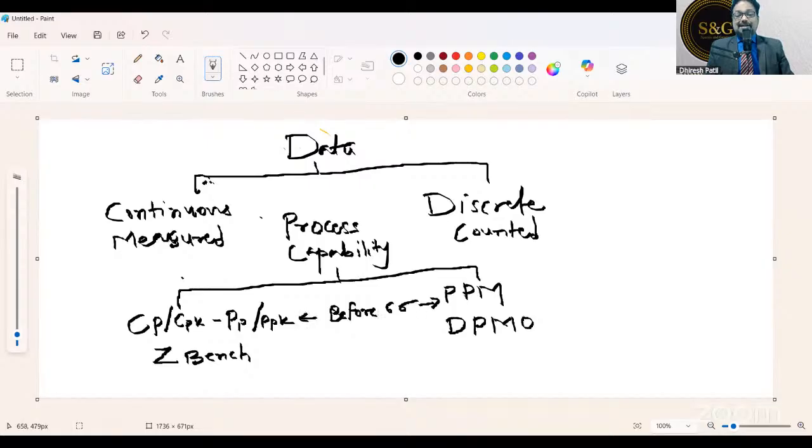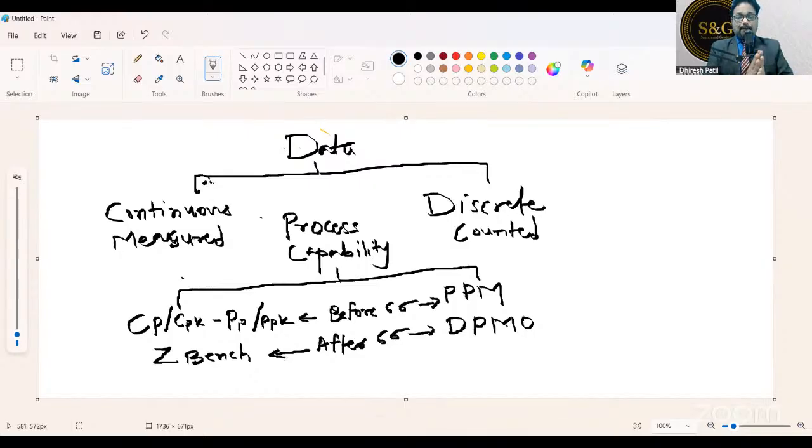And after Six Sigma, the companies who have adopted Six Sigma as a culture have started using DPMO and Z-bench. If you have continuous data, you are using Z-bench, and if you have discrete data, you go for DPMO. Are you clear?